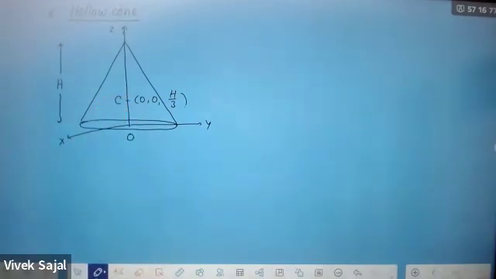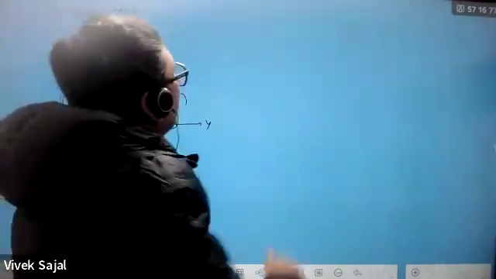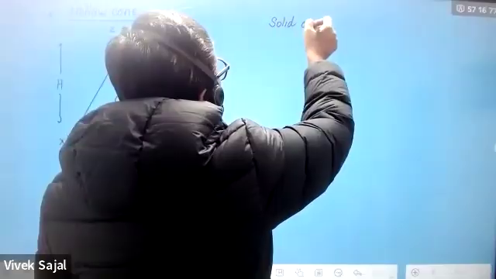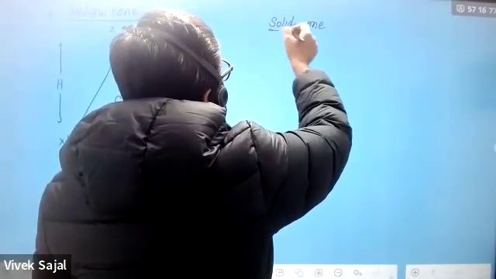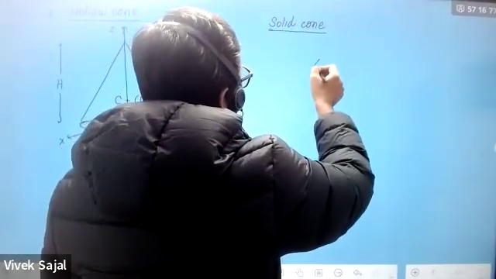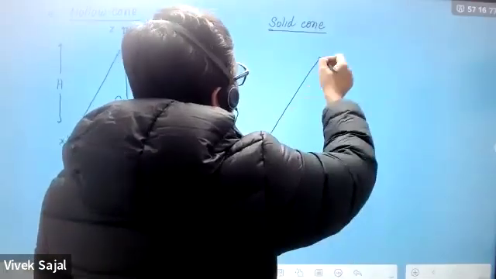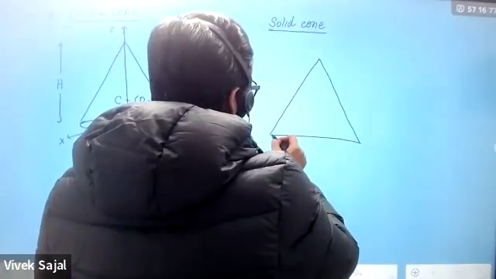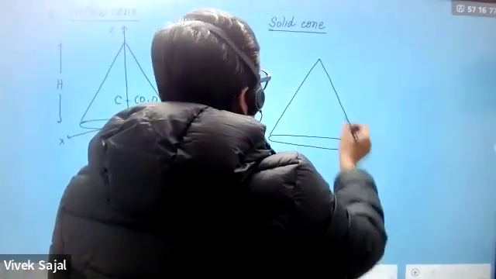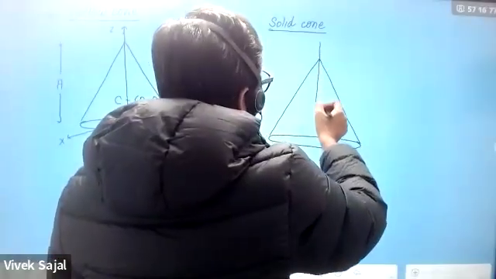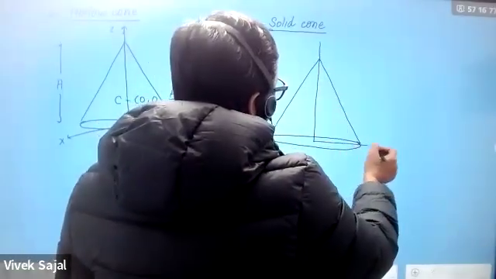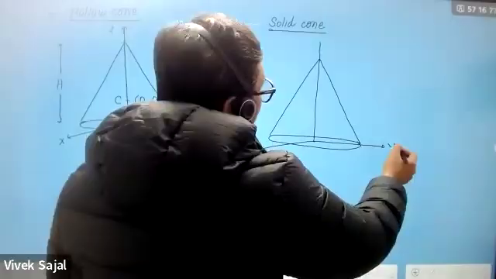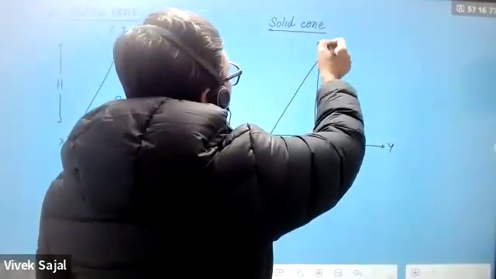If you are having a solid cone, this will be x, this will be y, 0, and this will be z.